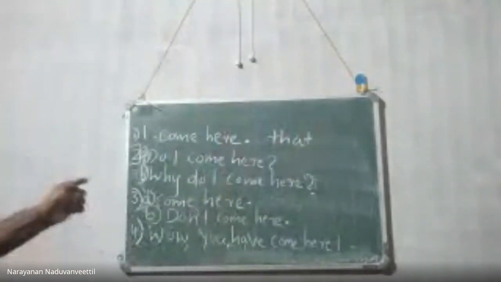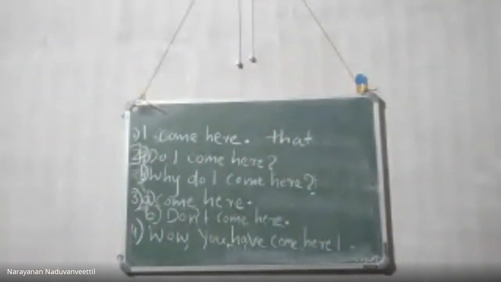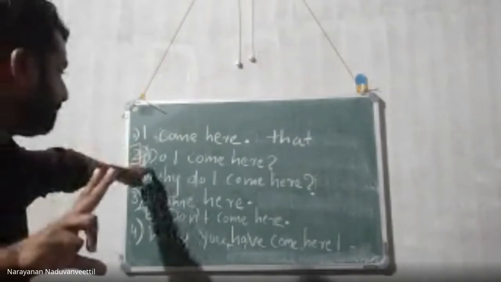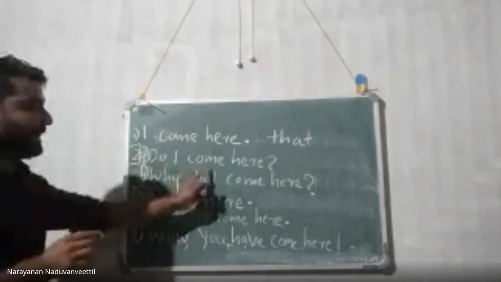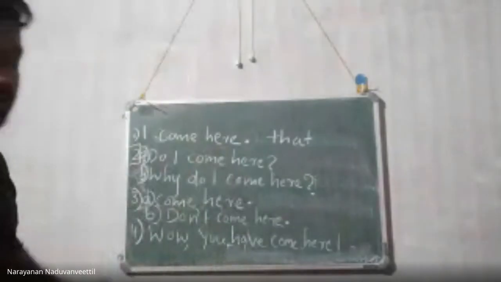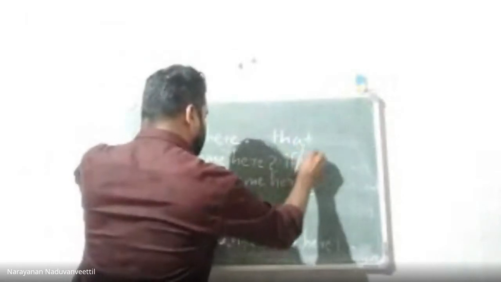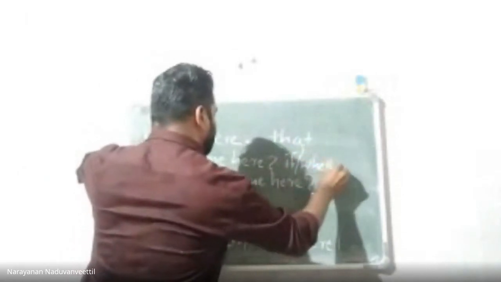As for the second type of sentence, the yes or no question, there are two categories of question, yes or no question and WH question. We have to use a different connector for both. For example, do I come here is a yes or no question. The connector for this sentence is if or whether. Choice: if or whether.